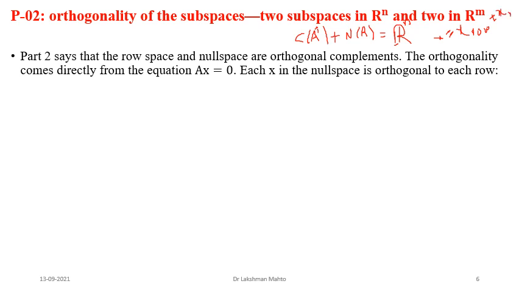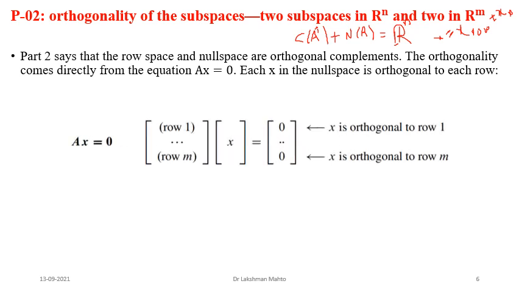Here x row and x null are perpendicular to each other, so if you go further with dot products, things are very easy. That's where this decomposition is called orthogonal complement. You can observe this directly from the homogeneous system Ax equal to 0. We know that the row space happens to be a linear combination of rows.